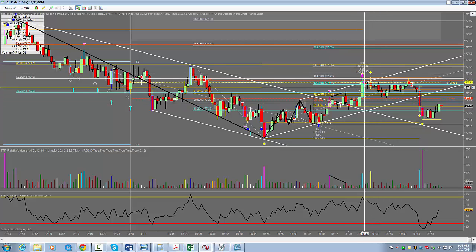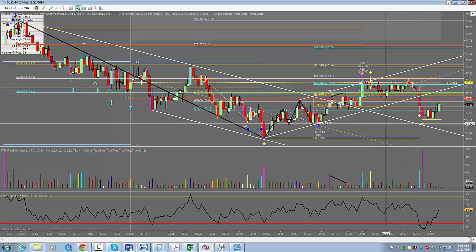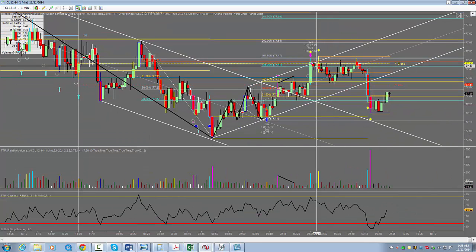But you see it did come up and tag the target right here, the first target at 46, and then both of them right here on this churn bar, which is also very high relative volume. We see the 2 diamonds right there at the target. So that really would have been the place to short as well.